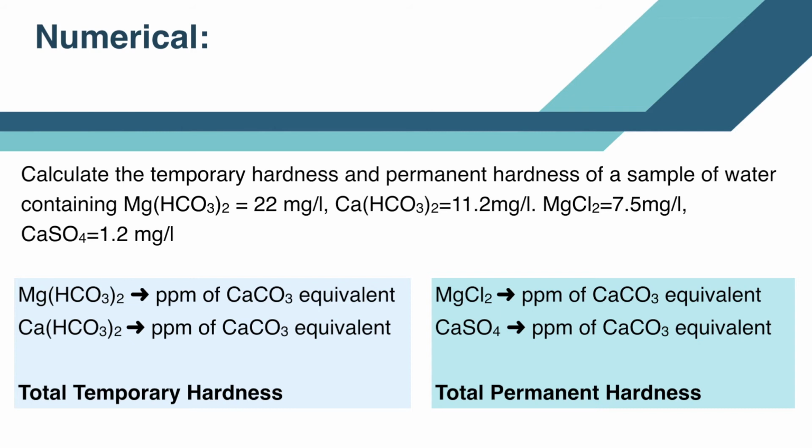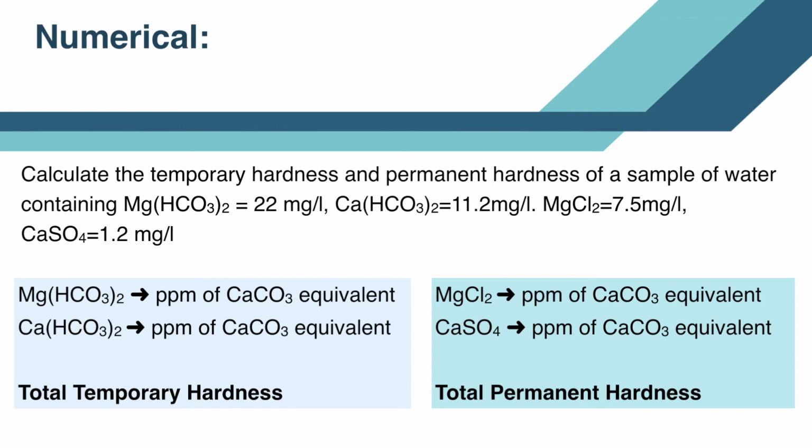That will convert to ppm of calcium carbonate equivalent. 11.2 multiplied by 100 divided by the molecular weight of calcium bicarbonate will be the ppm of calcium carbonate equivalent. 7.5 multiplied by 100 divided by the molecular weight of magnesium chloride will give you ppm of calcium carbonate equivalent. 1.2 multiplied by 100 divided by the molecular weight of calcium sulfate will give you ppm of calcium carbonate equivalent.